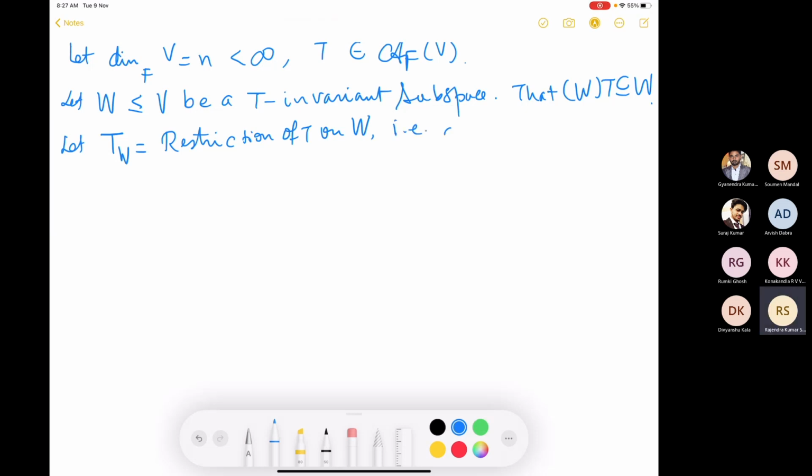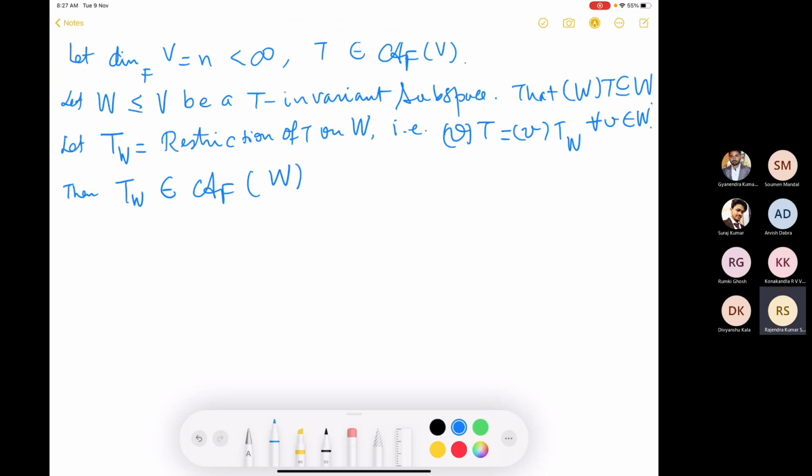That vT and vT_W will be the same for all v in W. So this T_W therefore becomes a linear transformation of the vector space W.